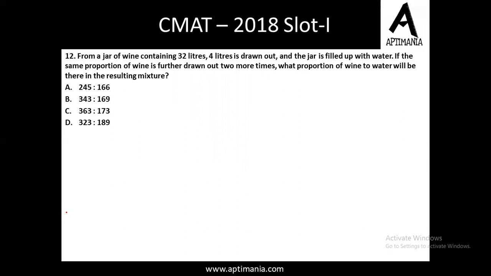So for this particular case, what we can apply is the replacement formula. The formula states that the wine finally left, which is something we have to calculate, so let it be W, upon wine initially was 32, equals total quantity 32 minus quantity withdrawn 4, upon 32, and the process was repeated 3 times, because this was the first time and it was drawn 2 more times.